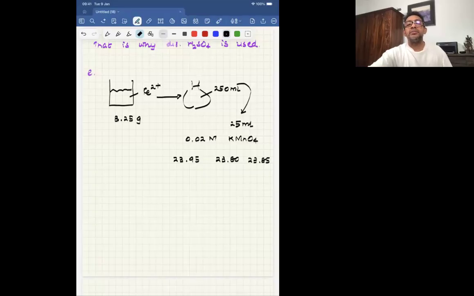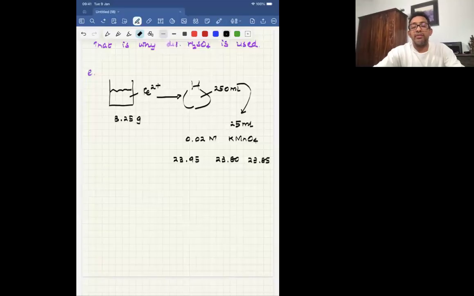What is your thought on that? If you can come up with an answer to this, that will be good. What titration value can we use? Are we going to use the average of the three, or only the first two, or are we going to discard the first? What do you think?